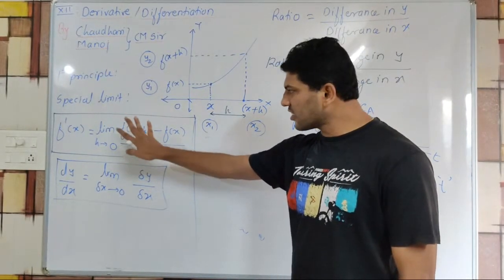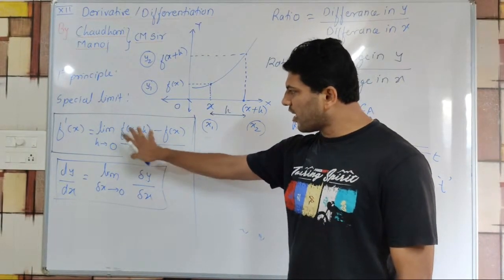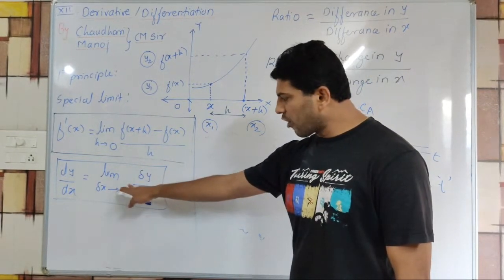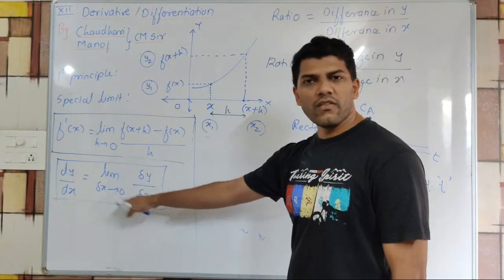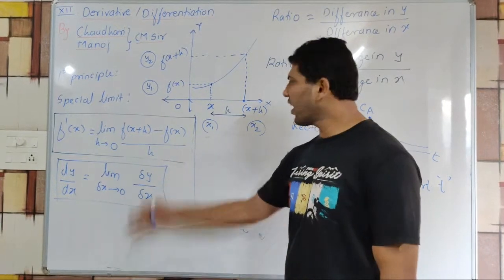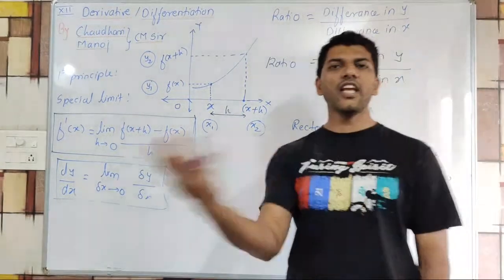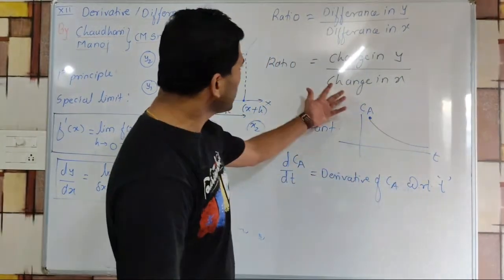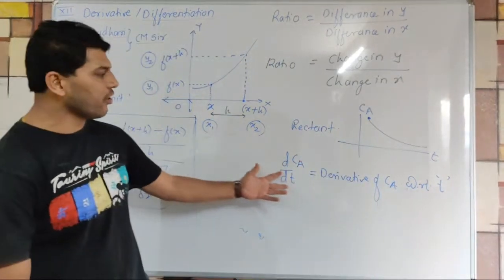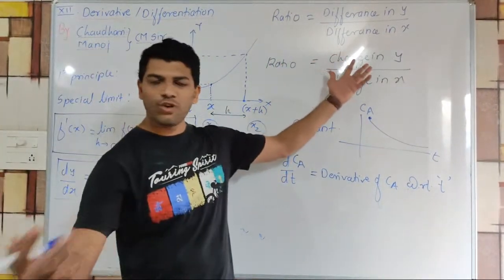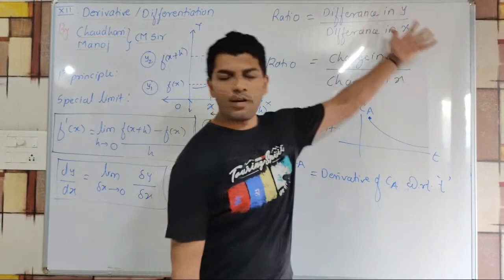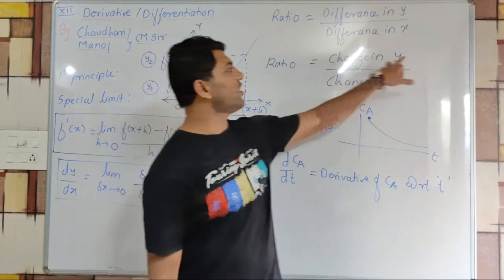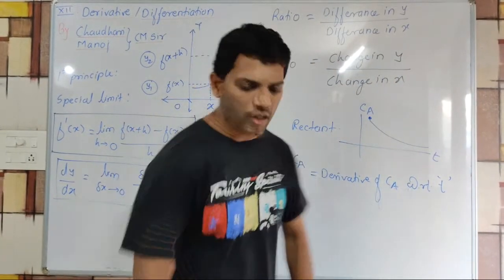This is the formula for derivative by first principle given by Newton. This is the formula for the derivative given by Leibniz. These two formulas in general never speak about the sense behind them. And what is the sense here? It is quite simple, which I already explained. Derivative is all about a ratio of one variable with respect to another variable, or we can read it as change in one variable with respect to another variable.